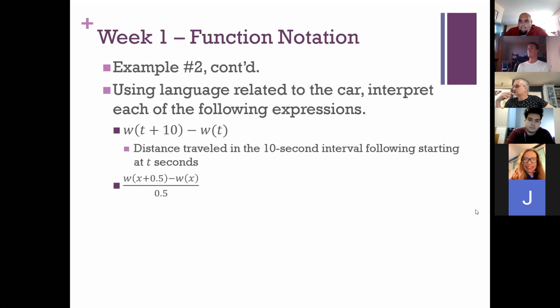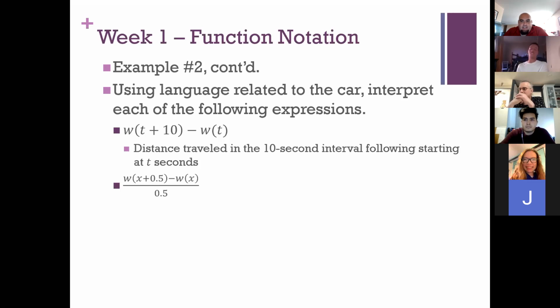So the top half of the ratio was distance and the bottom half was time. No, it was measuring the difference in distance over the difference in time. Okay, that's good.